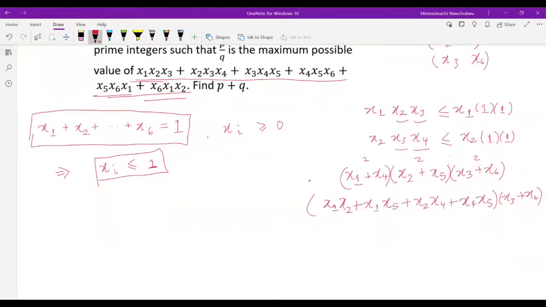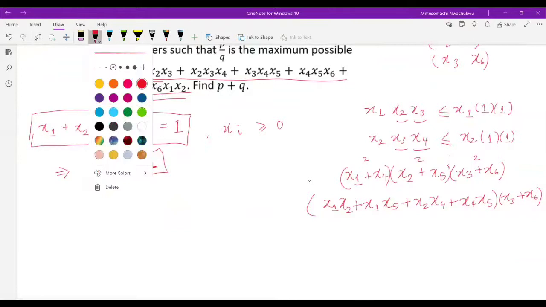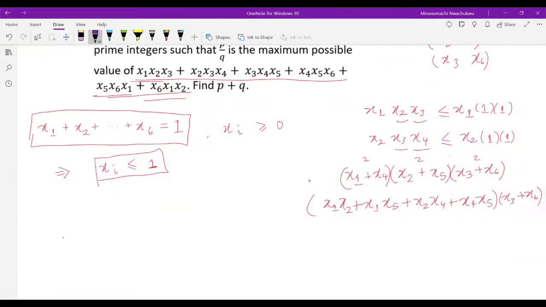Okay, so then we multiply this out some more. Let me change my color because I want things to look more interesting here. So x1 x2 times x3 gives x1 x2 x3. The first term shows, x1 x5 times x3.